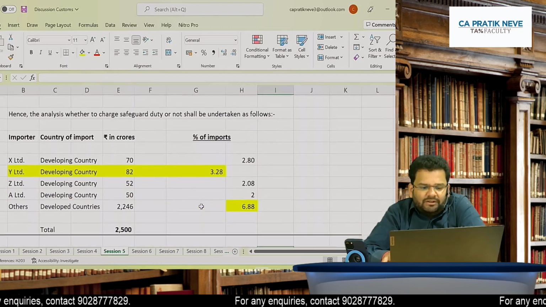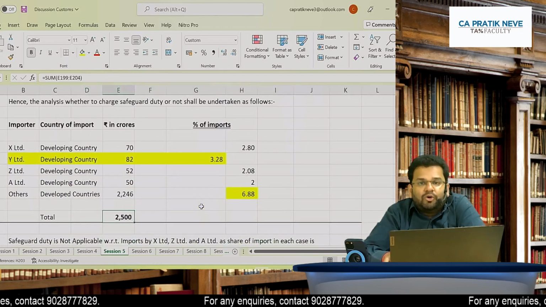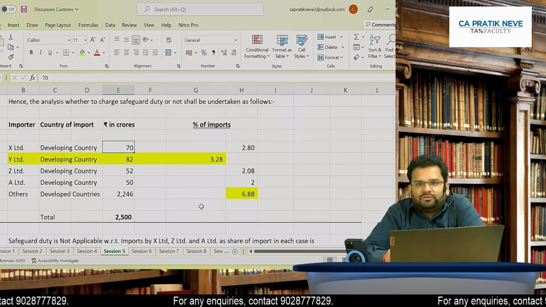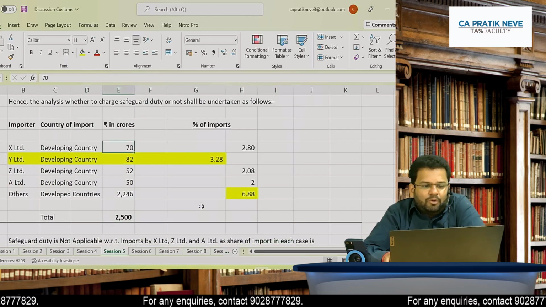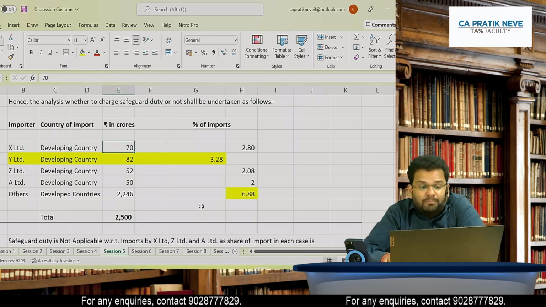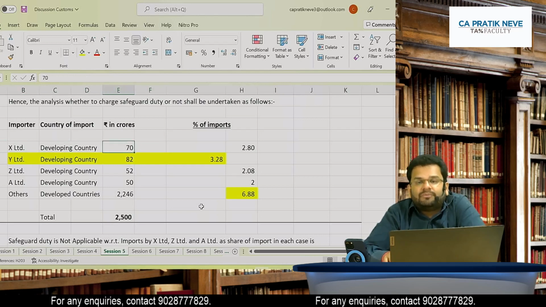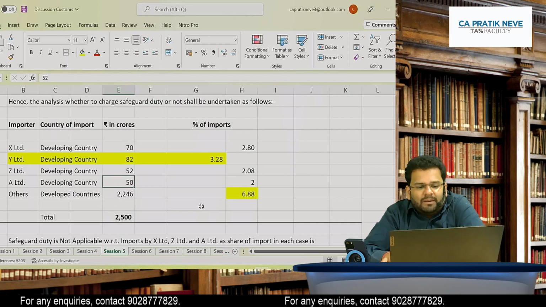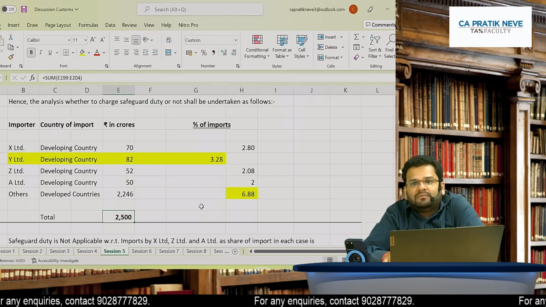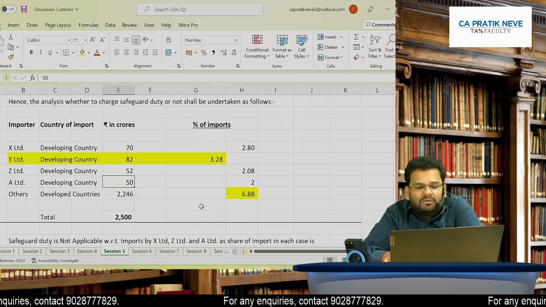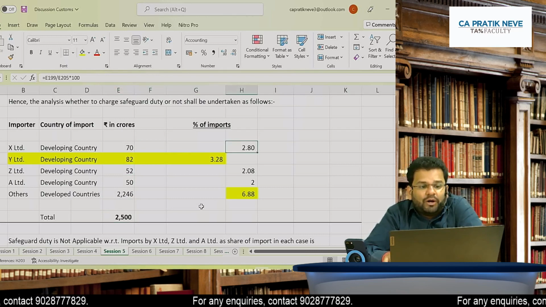In that question, total import was 2,500 crores. Import from one of the developing countries was 70 crores. Now if you do 70 upon 2,500 and find out in percentage terms, it is 2.8.